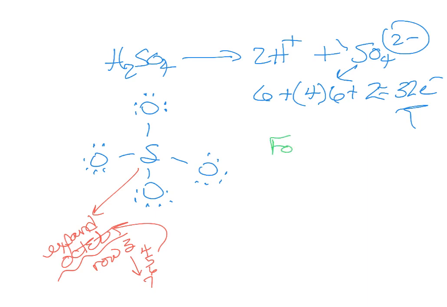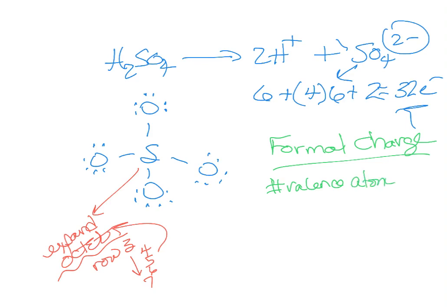So the formula for formal charge, and again, you may want to review it if that sounds like a foreign language to you, is you take the number of valence electrons that an atom has normally on its own, before it is involved in any compound making, and you subtract from that the number of valence electrons that atom has in the compound. So the number of valence electrons that atom has normally minus the number of valence electrons that atom has in this compound.